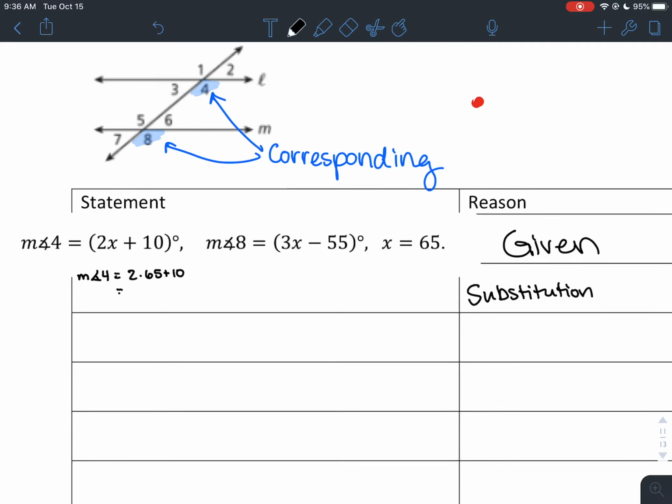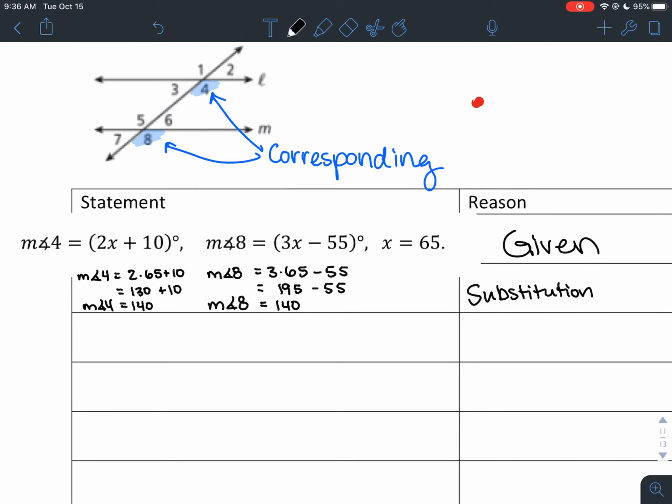Okay, so going back to the measure of angle 4, 2 times 65 is 130, plus 10 is 140, so that would mean the measure of angle 4 is 140. And then the measure of angle 8 is 3 times 65 minus 55. Let's see, 3 times 65 would be 195 minus 55, which would give me 140.